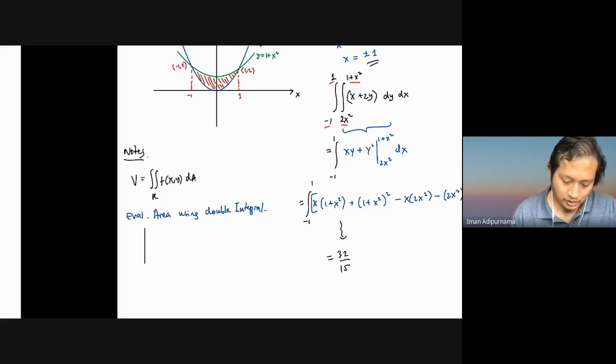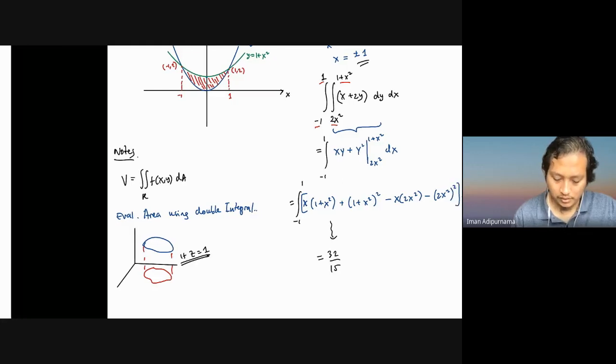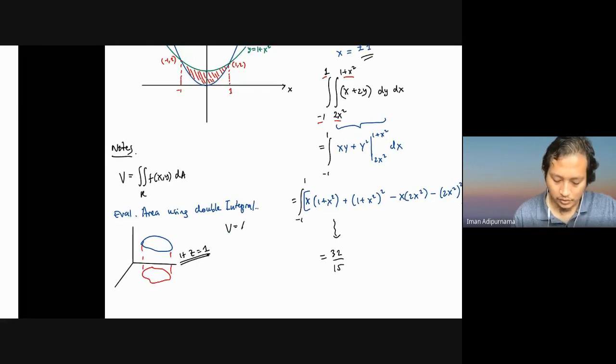If you remember the illustrations that we did, we have this surface and we have this region projecting, right? If z is 1, then usually you have area multiplied by h, but if h is 1, the volume is the same as area.